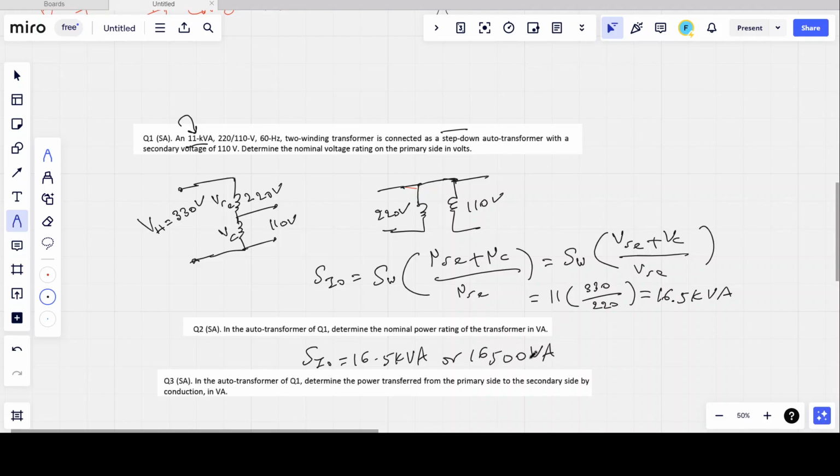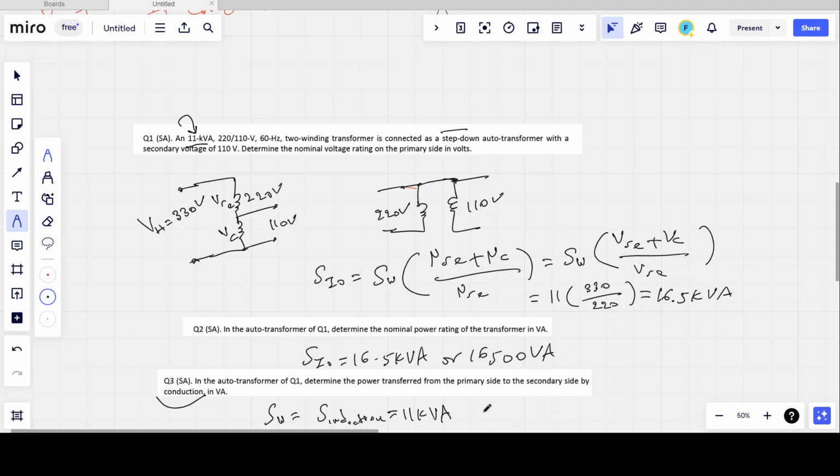Now they are asking us to find, in the autotransformer of question number 1, the power transferred from the primary side to the secondary side by conduction. There are two ways to solve this problem. We know that 11 kVA is what we call the two-winding power, which is the power that is transferred by induction.